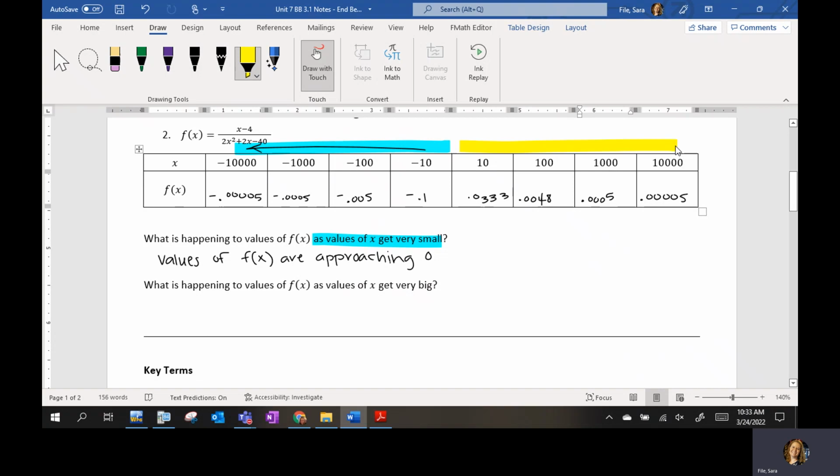X gets really big, so going to the right. 0.03, 0.004, 0.0005, 0.00005. Also approaching 0. But this time the number is getting smaller. It started bigger, it's coming down to 0. These were coming up to 0. These were coming down to 0.